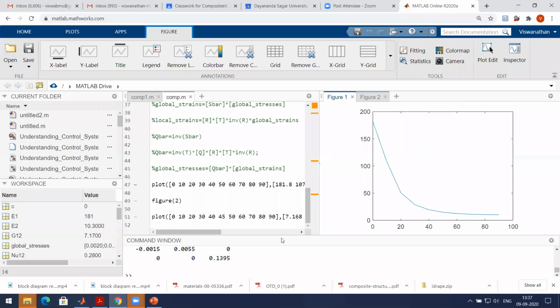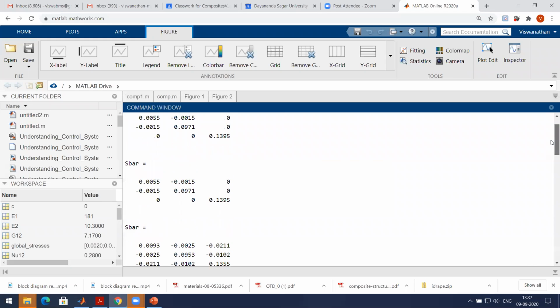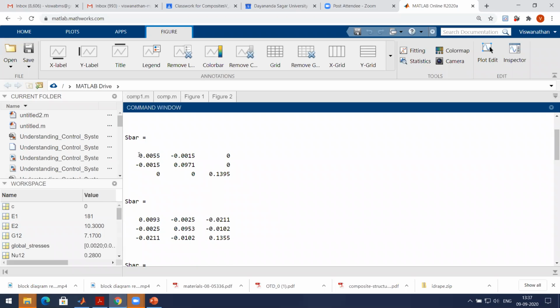So here, if you observe this, if you look at this one, this is S bar. What is the other name for S bar? What is the name for S bar?